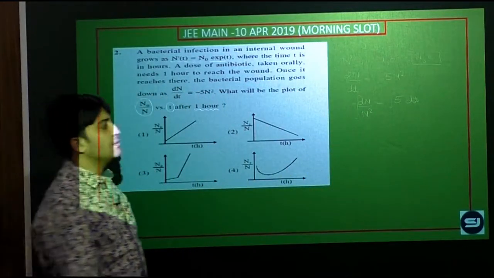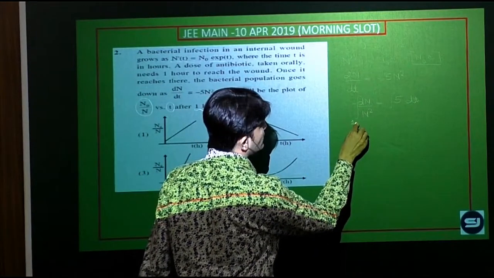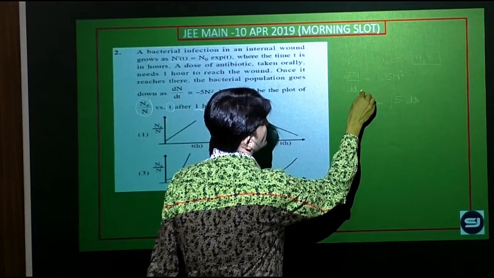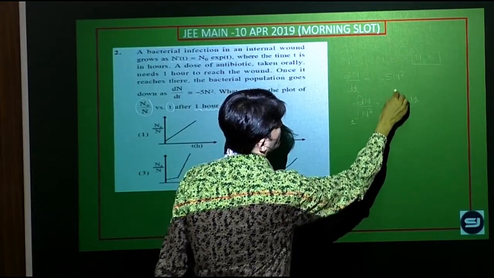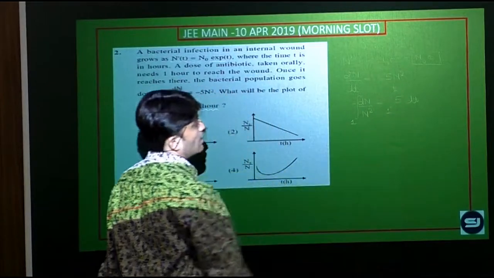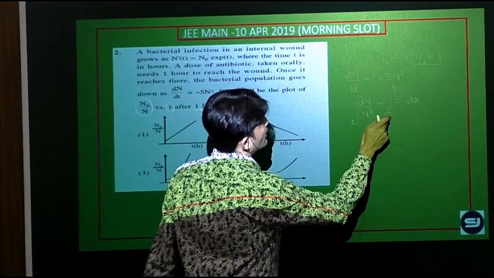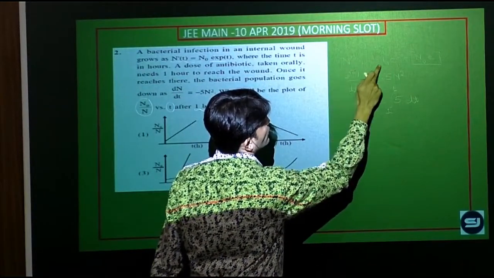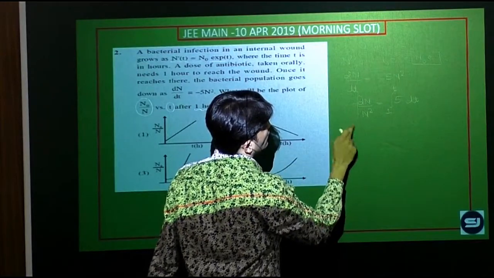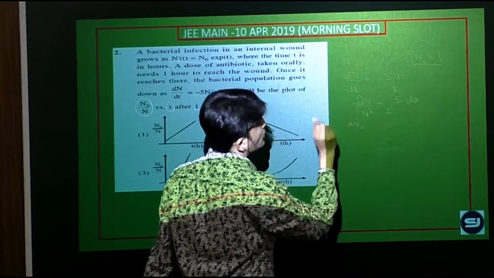So, the integration is from 1 hour onwards to time t. So, integration for time will be 1 to t. But now for 1 hour, we know that N(t) was equal to N0 into e. So, this will be actually e N0.